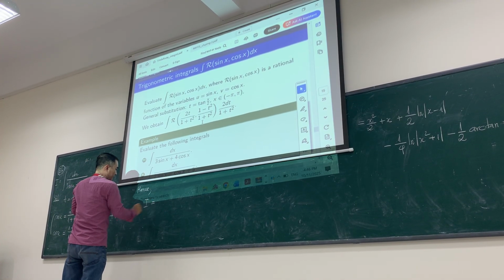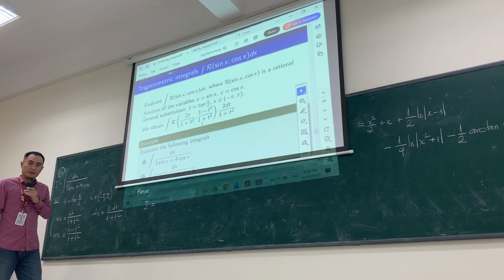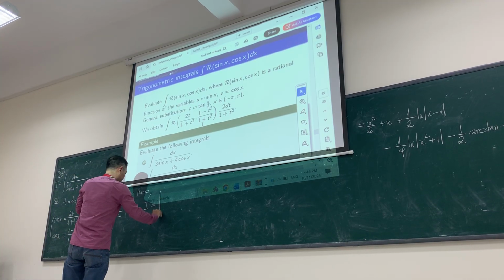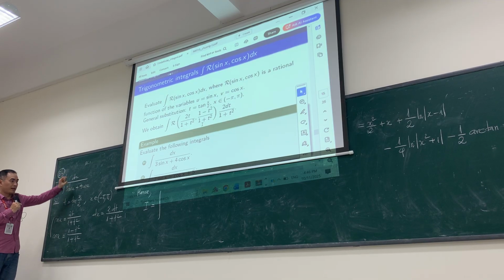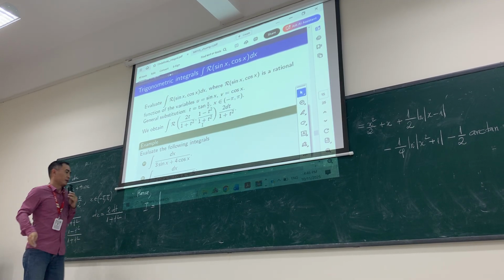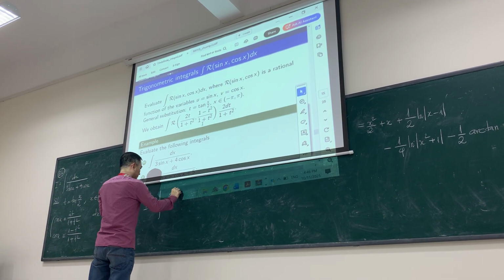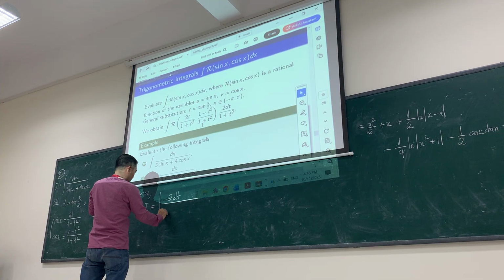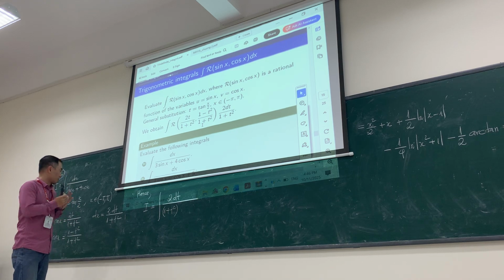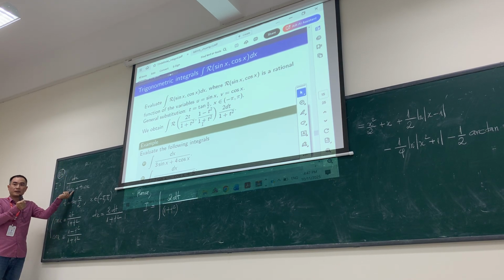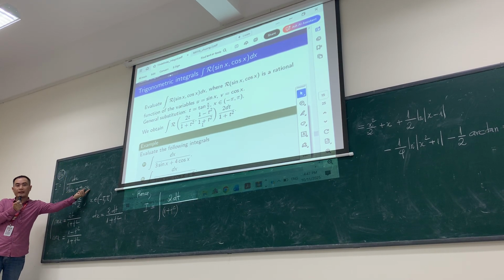We have the integral. Now, we can replace dx by 2 dt over 1 plus t squared. Continue, we replace sin x and cosine x by t.